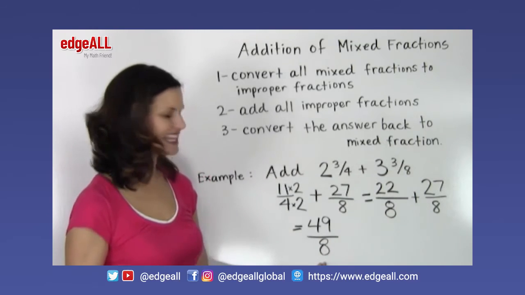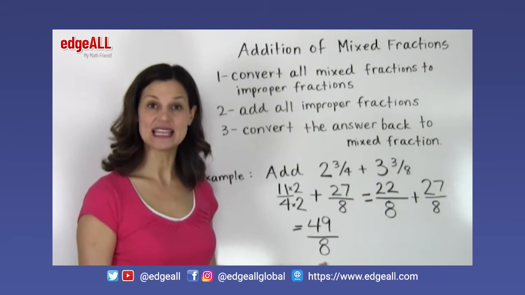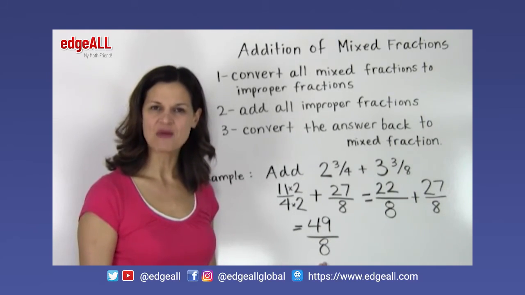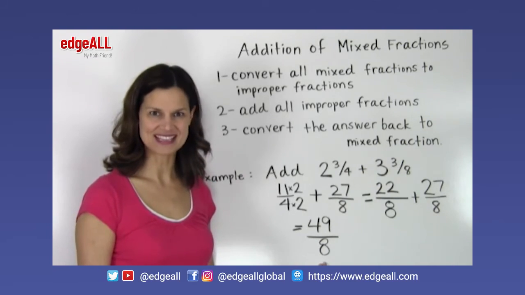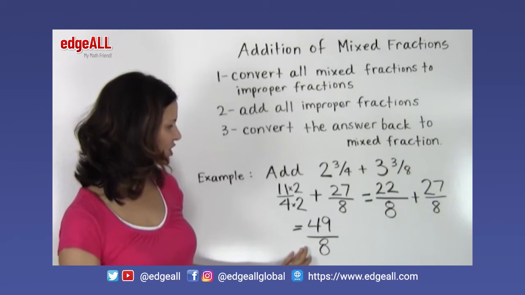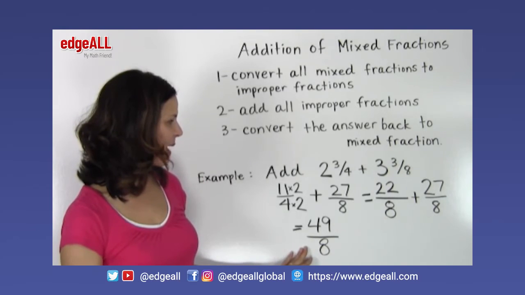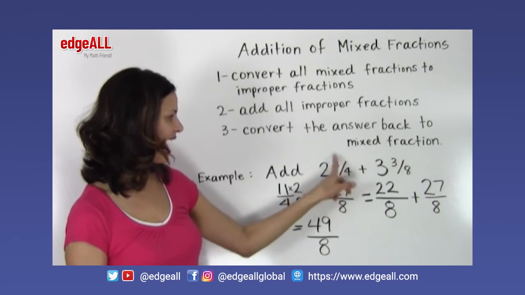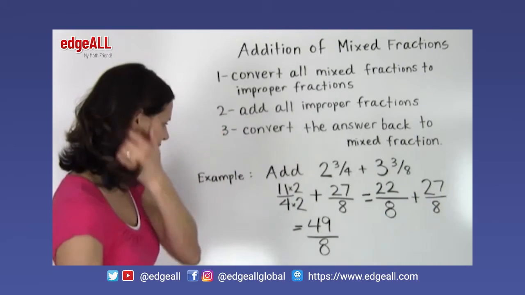So I don't want to leave my answer in this improper fraction form. I want to convert it back to a mixed fraction. And so in order to do that, I need to find out what my whole number is going to be and what my fraction is going to be.